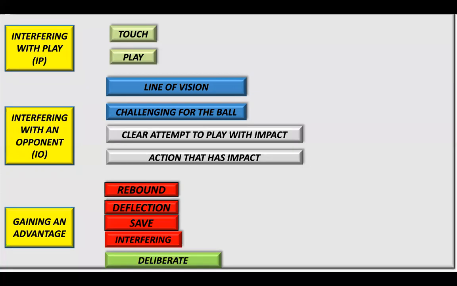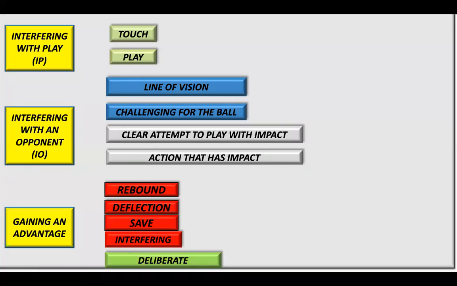If the ball rebounds off a defender oddly, you're still going to have the offensive player be offside. Whereas if the ball rebounds off an attacking player and goes to their teammate in an offside position, they will still be considered offside because it has touched them. Versus a defender, if it has rebounded off of them somehow, or touches them somehow, but it's not a deliberate play, then that attacker would still be considered offside.